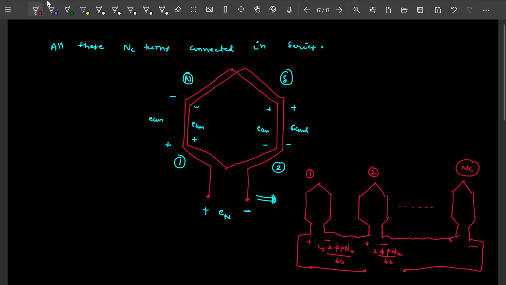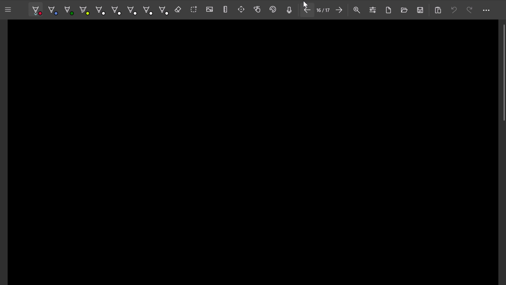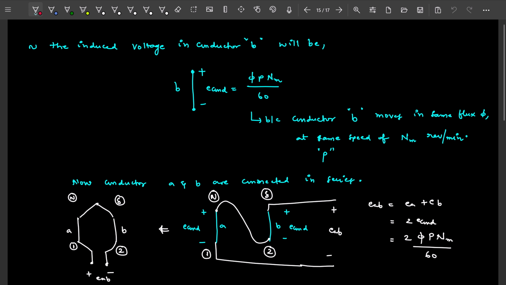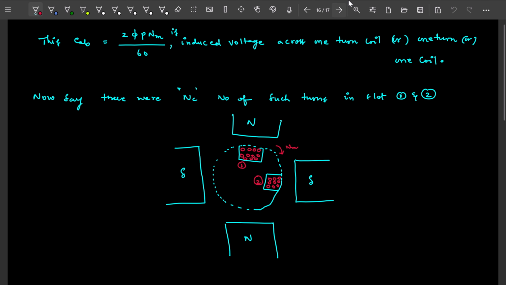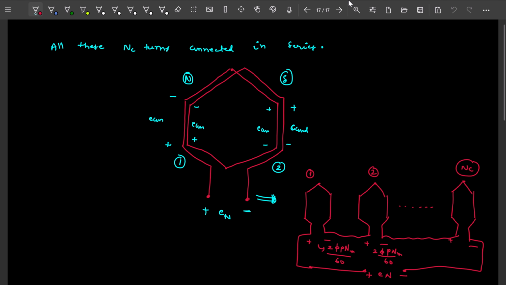Across this we are going to get that En. This 2.5 P voltage is nothing but the EAB voltage, whatever we have got across one turn, which we have already derived. Now in order to get this En voltage, you apply KVL in this loop.